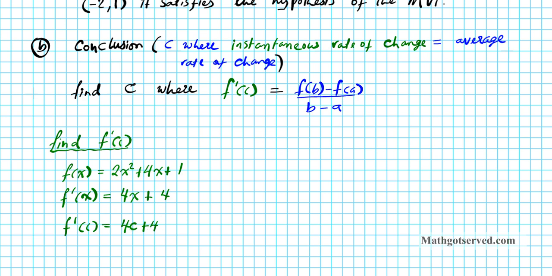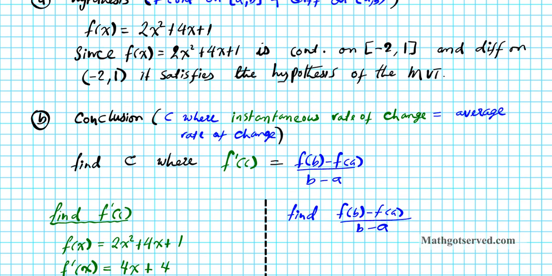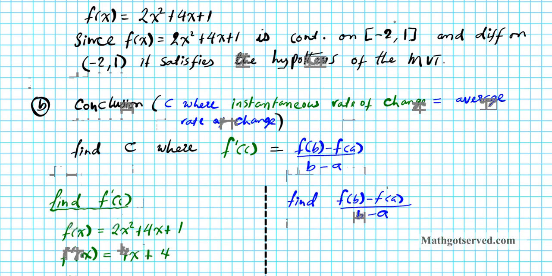Now on the right side, let's divvy up our workspace so we don't get confused here. On the right side, we're going to find the average rate of change, or the slope of the secant line. So let's find f of b minus f of a divided by b minus a. In this problem, a is -2, because we have this interval right here.